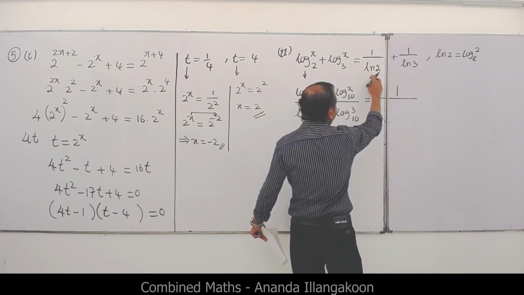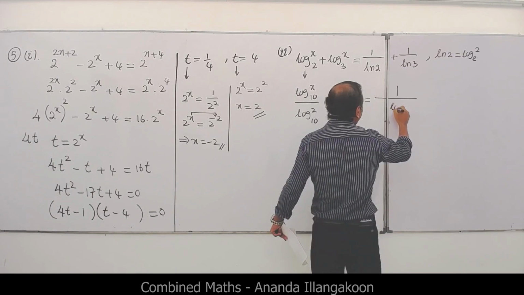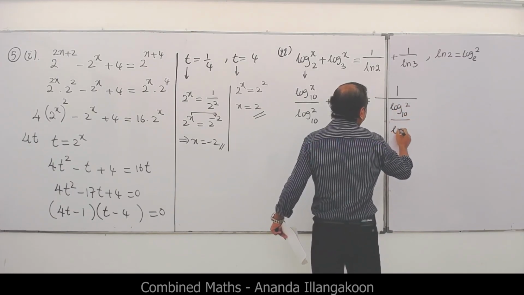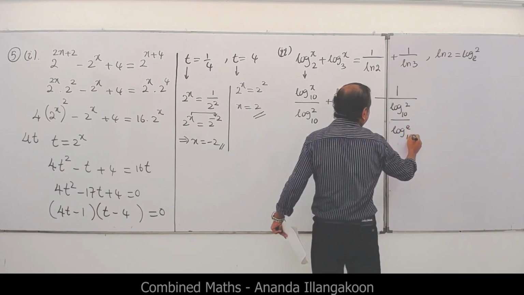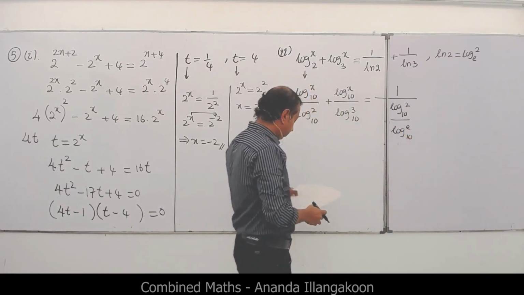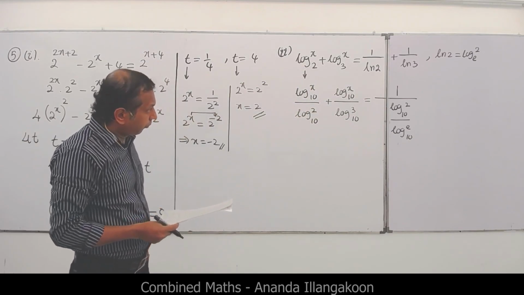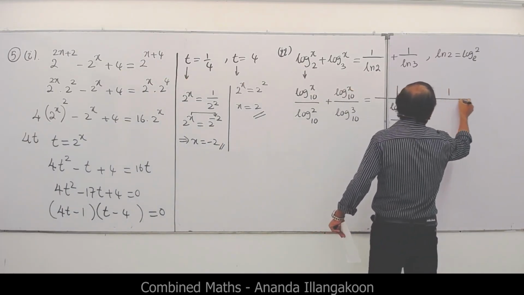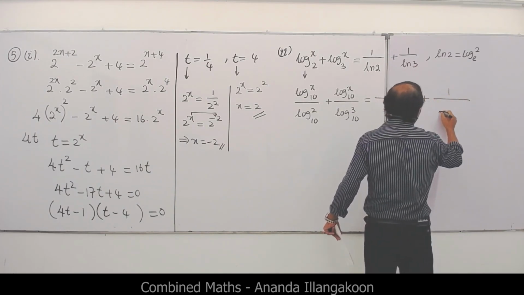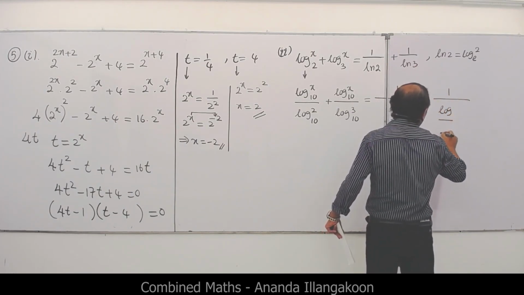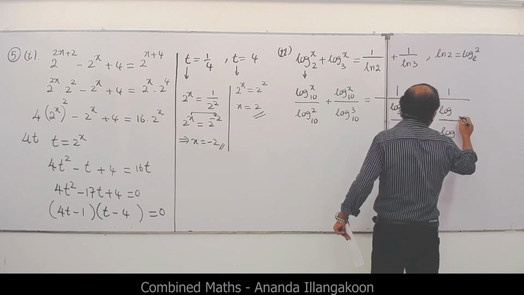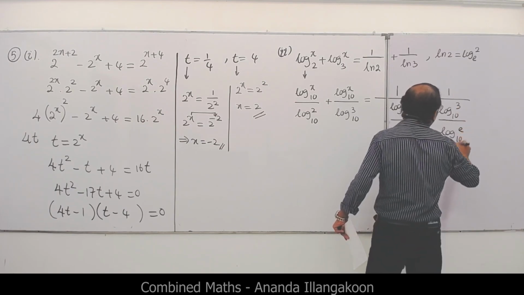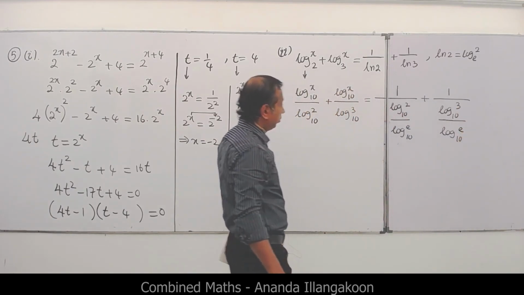Ln means log base e, no? I write it as 1 over log 2 to the base e, which is 1 over log e 10 divided by log 2 10, like this. And this, 1 over Ln 3, we can write applying base 10, here 3, here e.